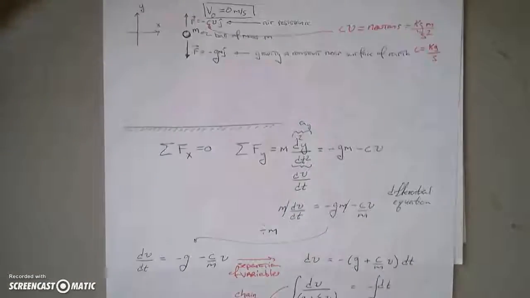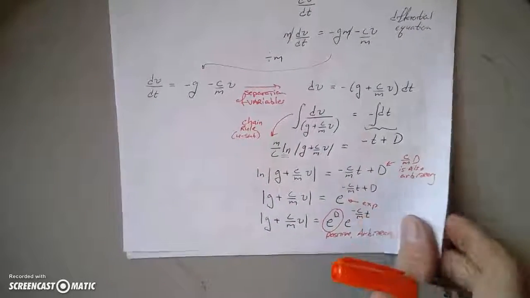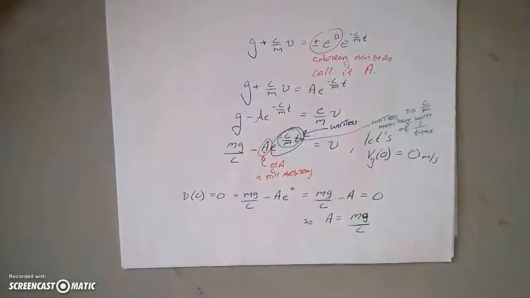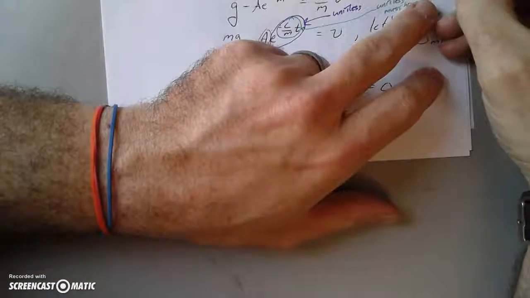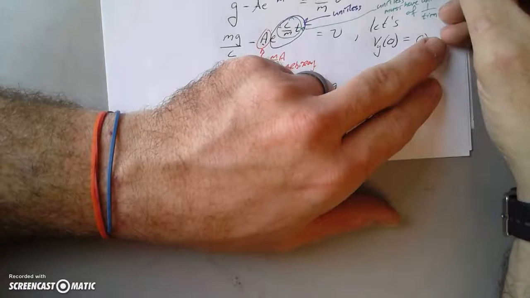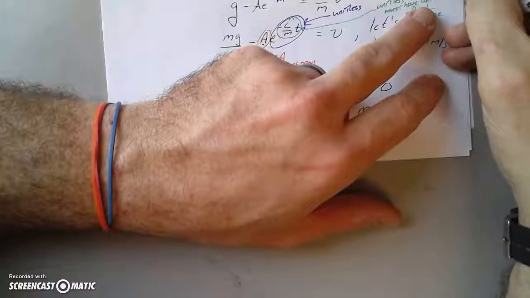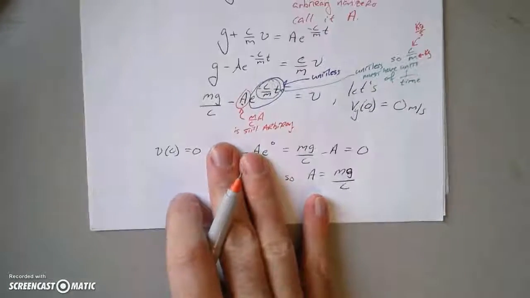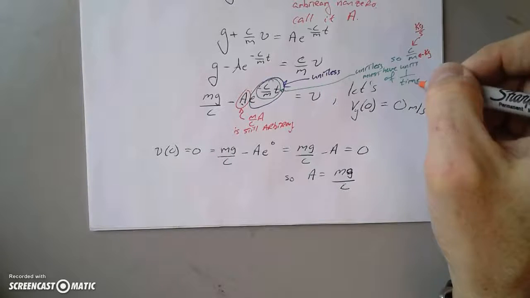Right? So if we go back down here, if you have kilograms per second over kilograms, then you have 1 over seconds.